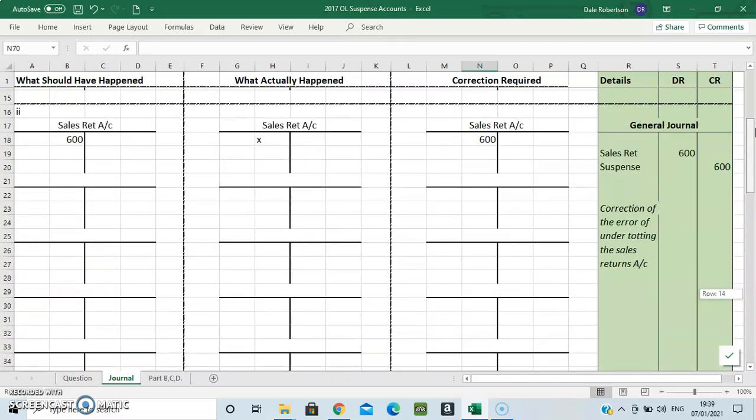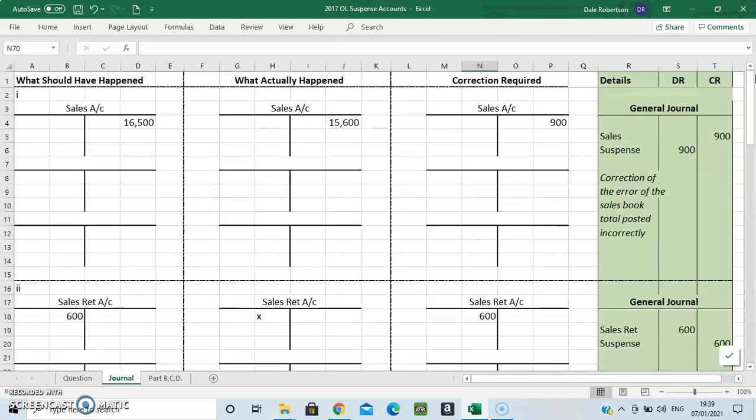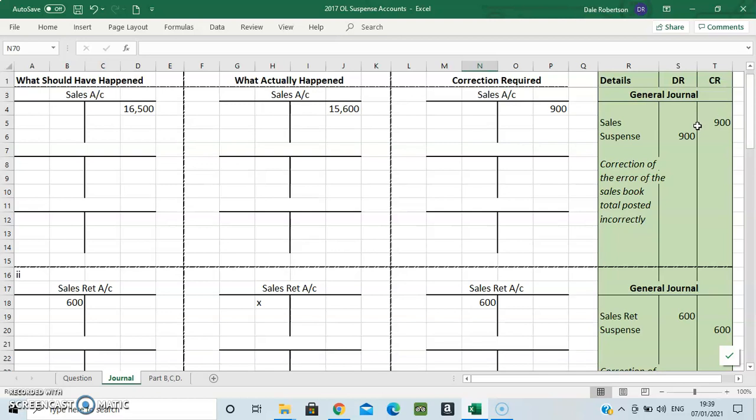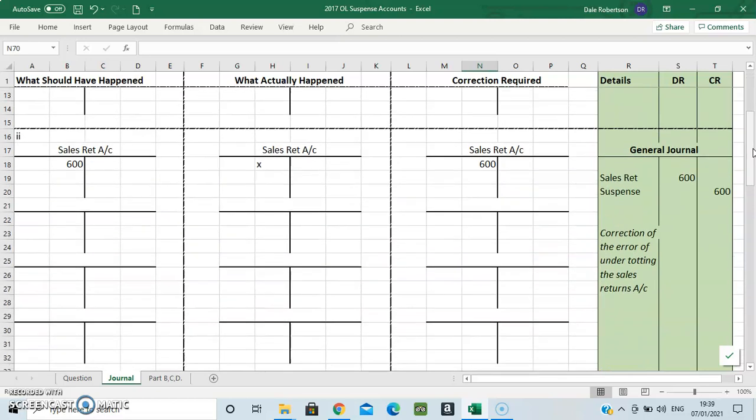The blue column to the right hand side of the screen is the general journal, and these entries will also have effect elsewhere. Sales, that is an extra sale which we weren't aware of. So therefore, that's obviously going to increase our net profit. And sales returns, that's an extra sale return which we weren't aware of.